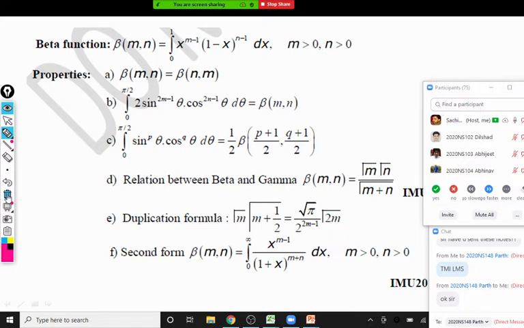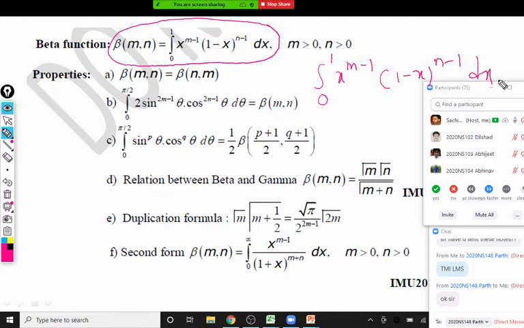Right now we have a definition for a beta function, which is on the screen here. The definition says that when we integrate an integral of this type, integral 0 to 1 x raised to m minus 1 into 1 minus x raised to n minus 1 dx, we're left with some function of m comma n, and this function is denoted by the beta notation, beta m comma n.